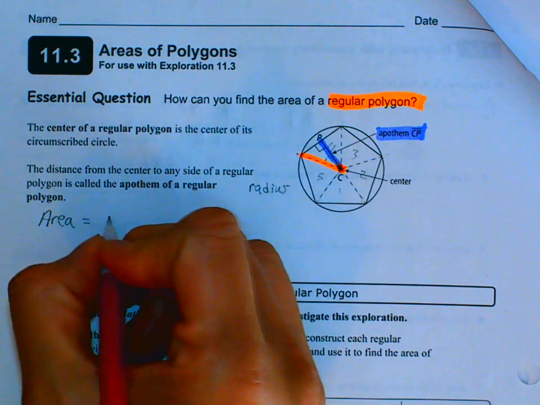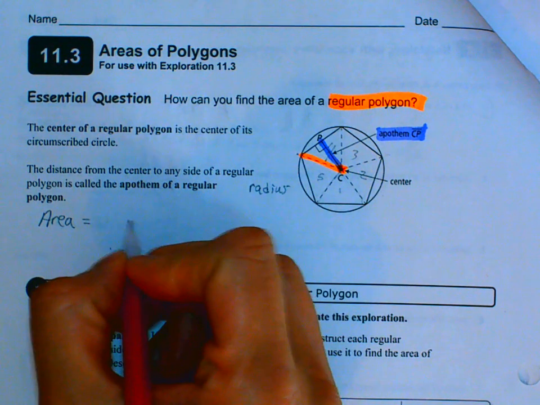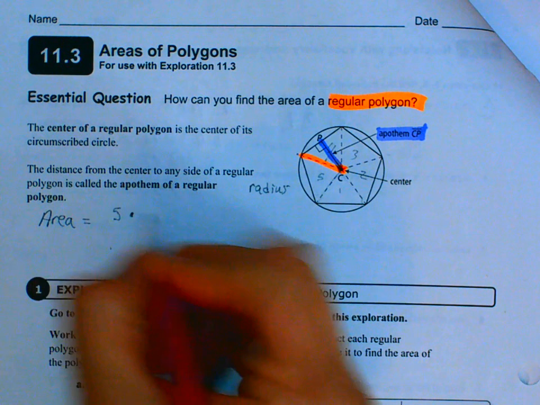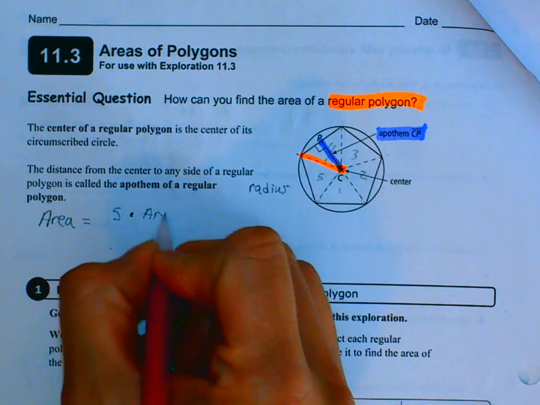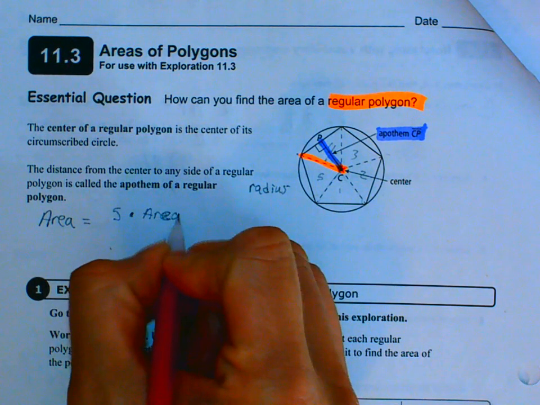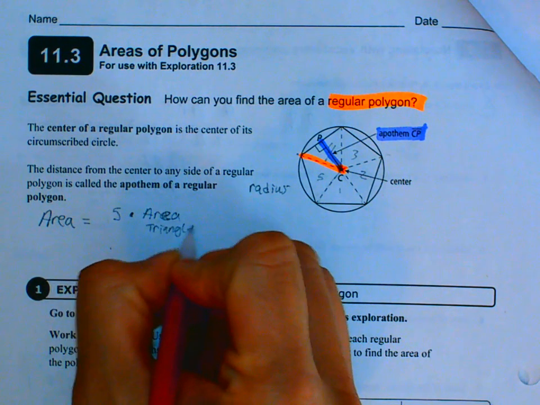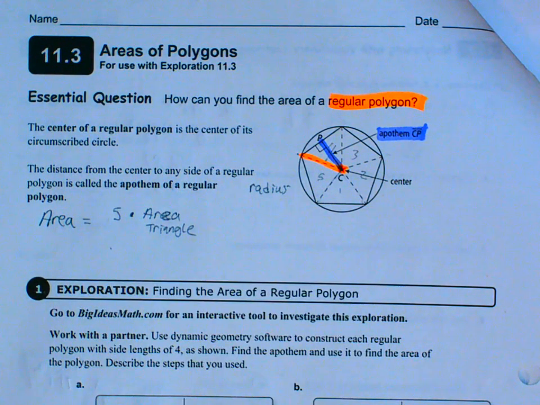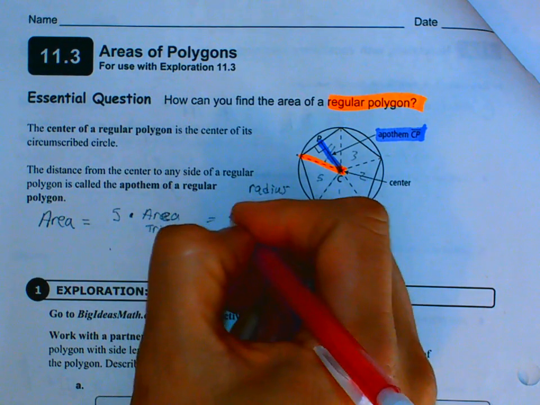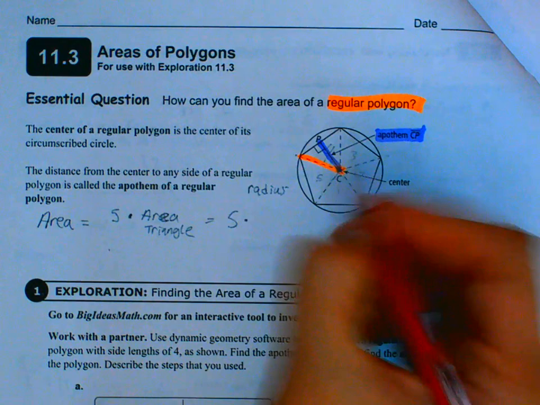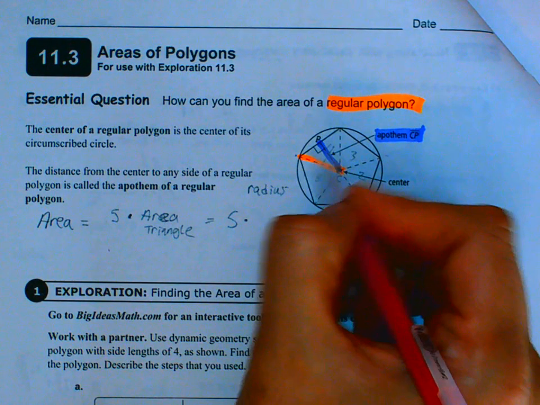So let's focus on that. In this case, we're going to have 5 multiplied by the area of one triangle. To find the area of the triangle, we have to remember the equation for the area of a triangle.